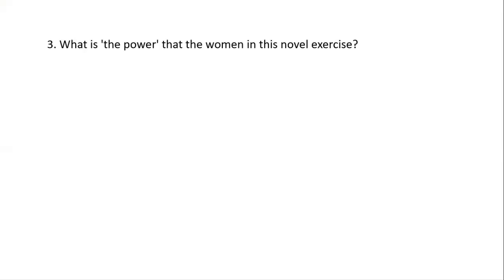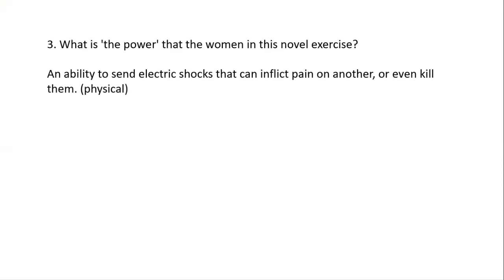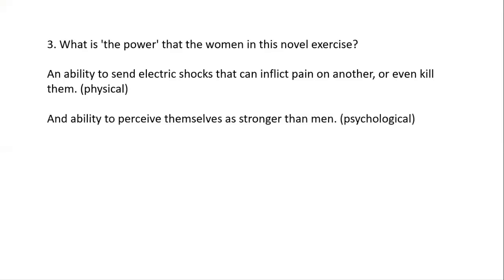Question number 3. What is the power that the women in this novel exercise? So what is the power that these women have? Now, you'll note that they have a physical power, which we've talked about previously. It's that ability to send electrical shocks that can inflict pain on another person, wound them, kill them even. So you must remember that you have a physical power, but you also have a psychological power.